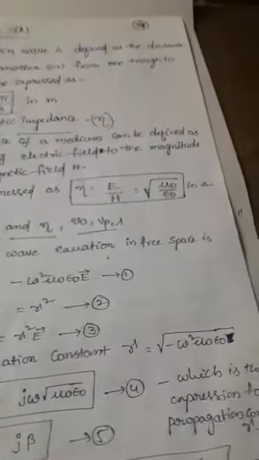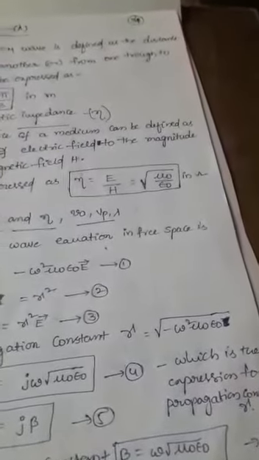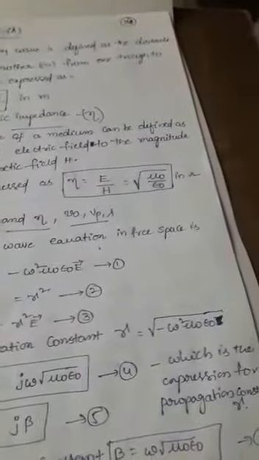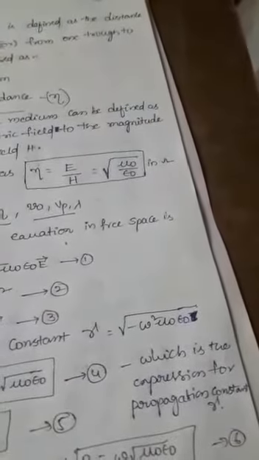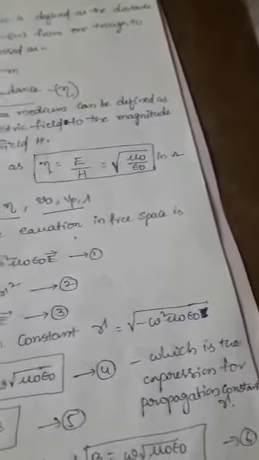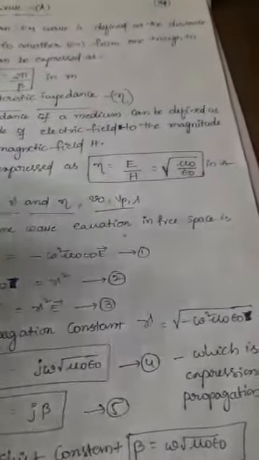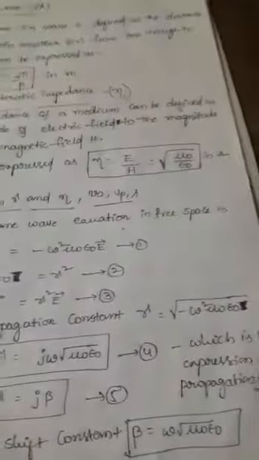Finally, it can also be expressed as square root of mu naught by epsilon naught, where mu naught is the absolute permeability of medium and epsilon naught is the absolute permittivity of medium. We know the values: 8.854 into 10 power minus 12 for epsilon naught, 4 pi into 10 power minus 7 for mu naught. Simplifying this, we get 120 pi, and further simplifying, 377. The units are ohms.